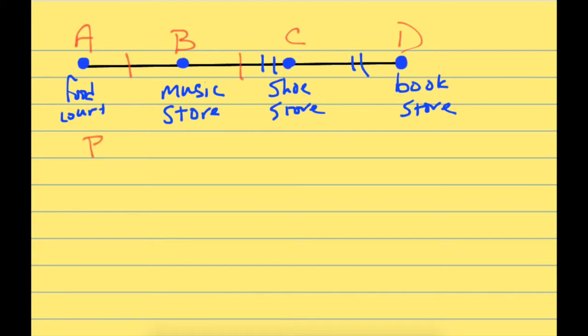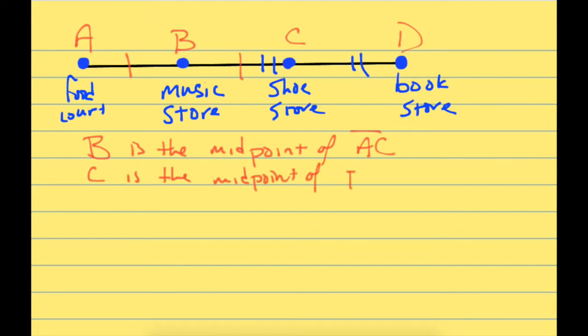So here's what we know based on our situation. We know that B is the midpoint of segment AC. And we know that C is the midpoint of segment BD.